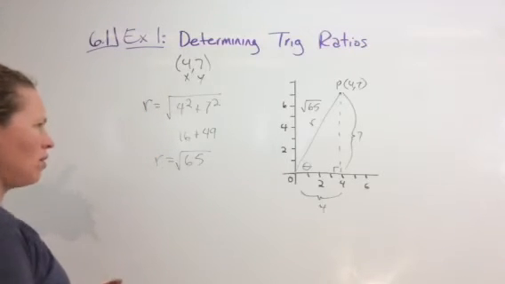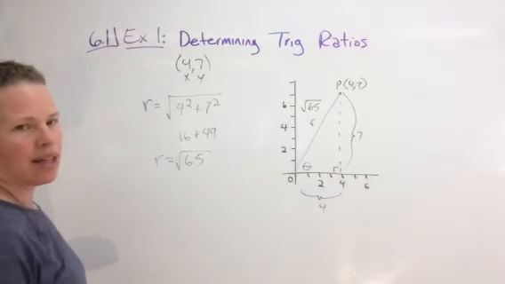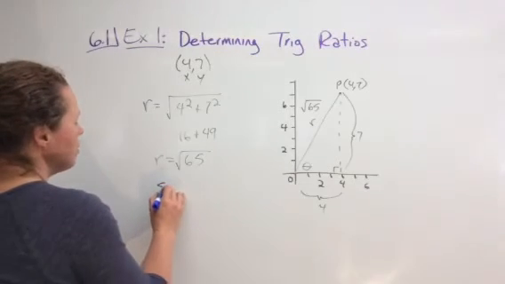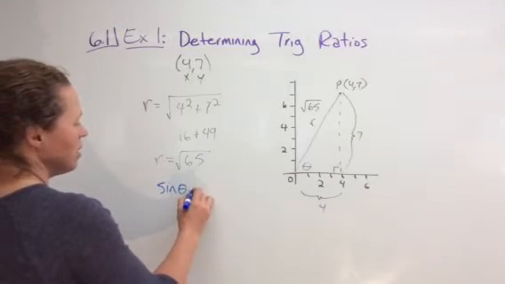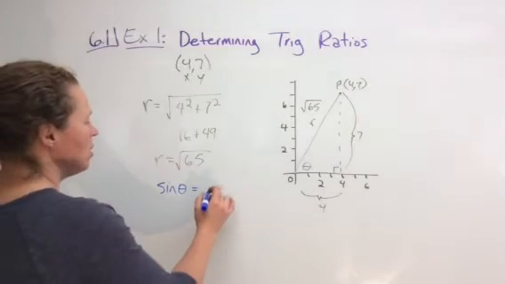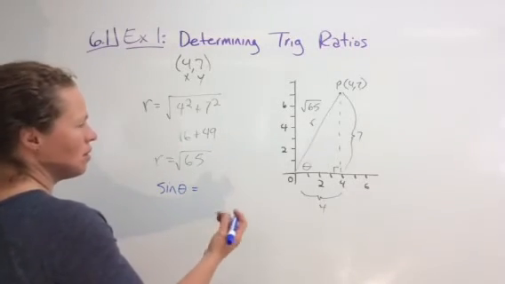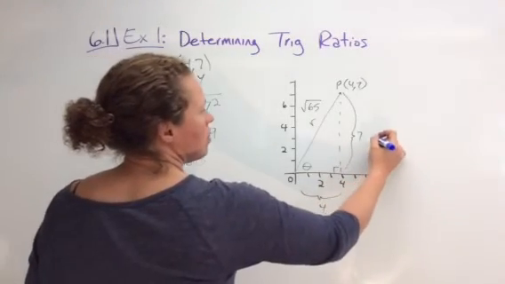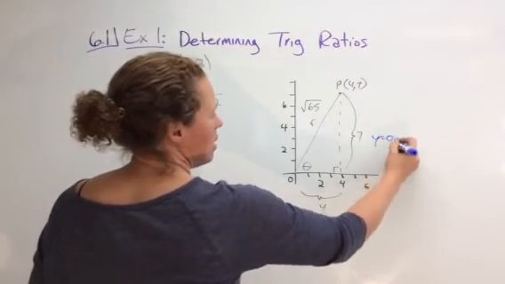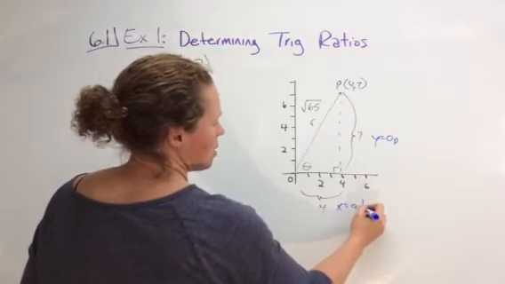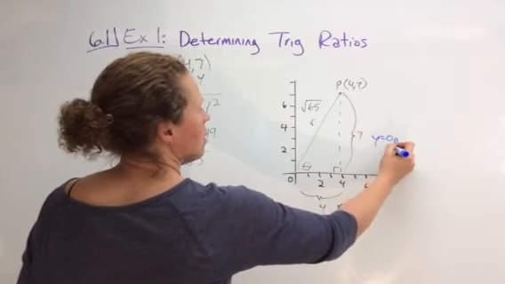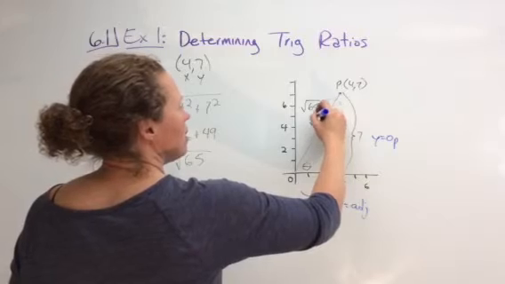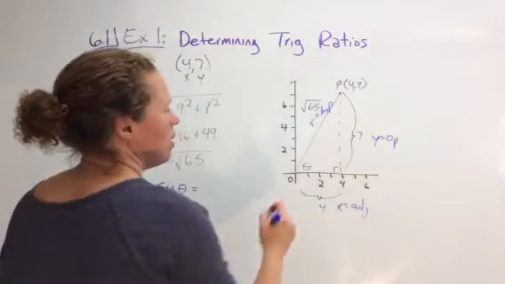I'm going to, it doesn't really matter which one I start with, I like sine. So sine of my theta is going to be opposite over hypotenuse, or as always in this case, y is the opposite and x is the adjacent, and r is the hypotenuse.